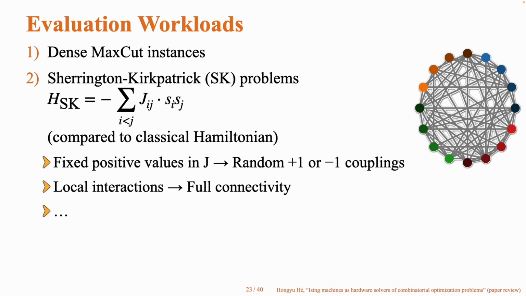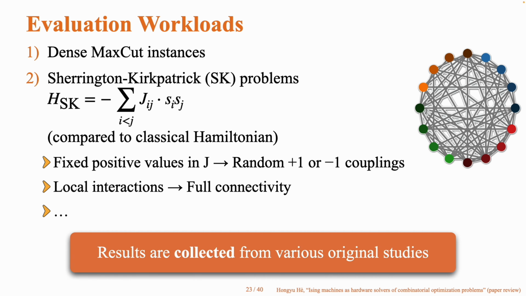Instead of local interactions, we have full connectivity and so on. So in general, it's a much harder problem. And I'd like to point out that in this paper, they are not running those experiments again. They are just collecting results from various original papers.